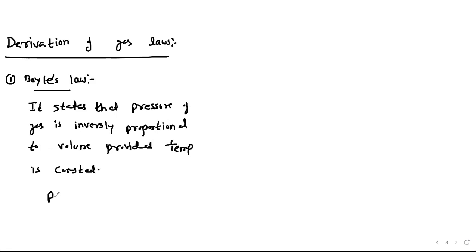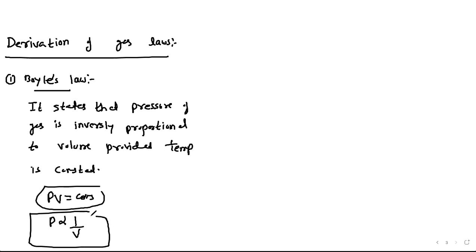So basically, PV is equal to constant. P is inversely proportional to V. That's Boyle's law. You can easily derive Boyle's law using kinetic theory of gas.